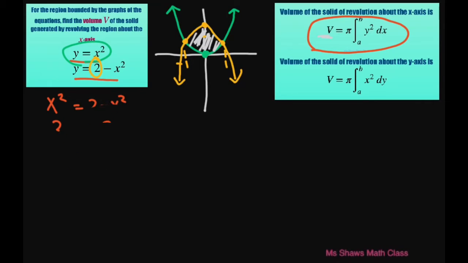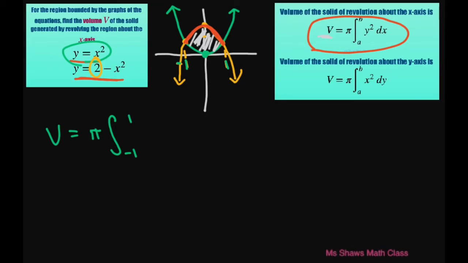All right, so using our formula, the volume equals pi, and we're going from negative 1 to 1. Just like you do with area, you look at the upper bound of the shaded region, going from top to bottom.